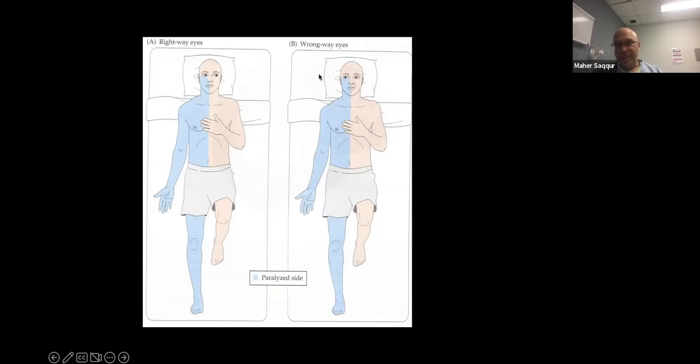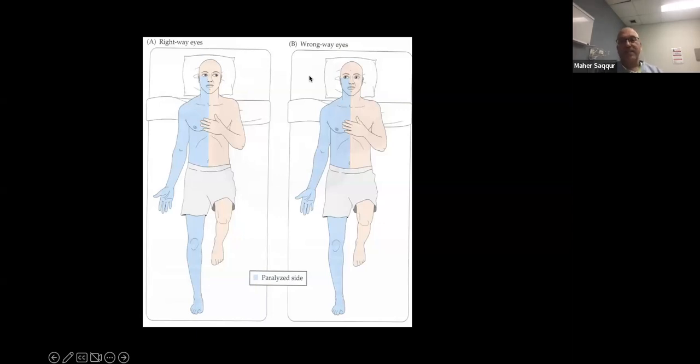So the possibility here is that he has a left brainstem stroke, for that reason he cannot gaze towards the lesion and gazes away, or it has been reported that these patients can have thalamic hemorrhage or basal ganglia hemorrhage. That's what we call the wrong-way eyes. So in general, cortical stroke patients gaze towards the stroke. Brainstem stroke patients gaze away from the stroke.